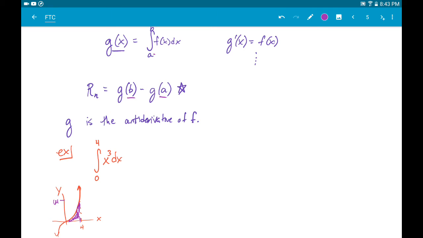So the antiderivative of x cubed is 1/4 x to the 4th plus c. Don't forget your plus c. And if we're using this notation up here, the claim is that this is our g of x. This right here is our antiderivative.